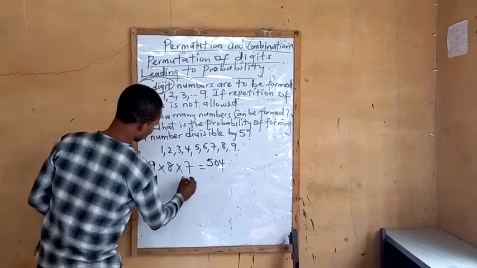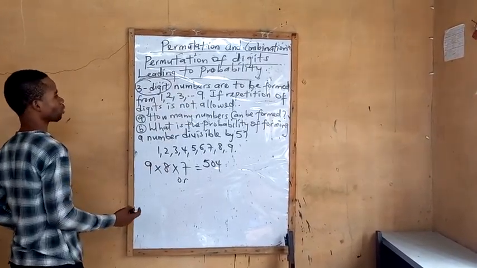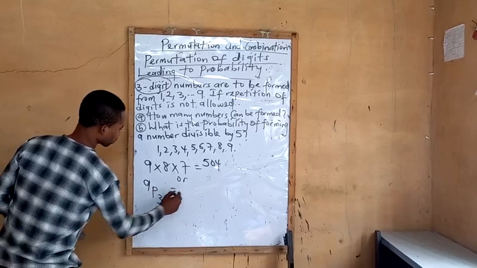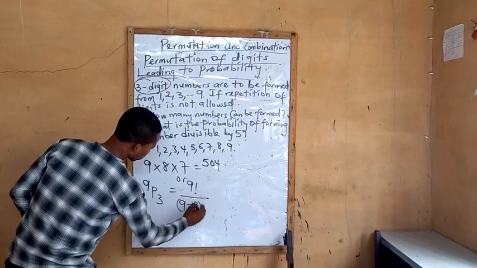Or we can use the formula. 3 digits to be taken from 9. How many numbers can be formed? That will be 9 permutation 3, which is 9 factorial all over 9 minus 3 factorial.